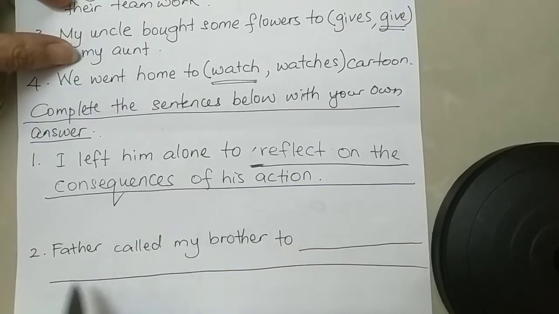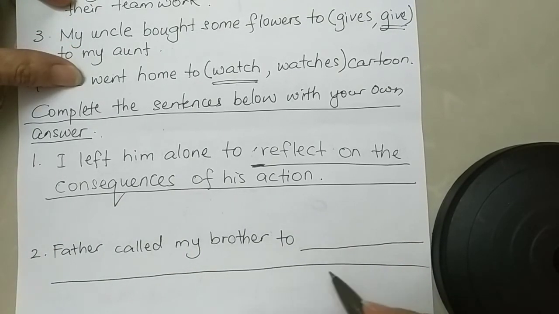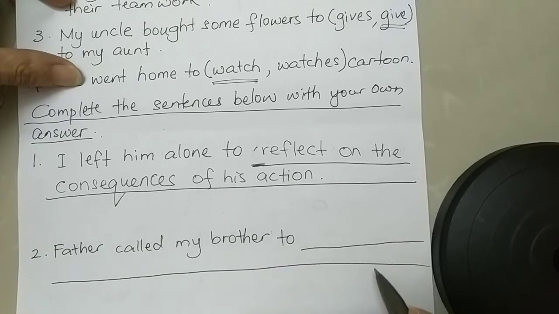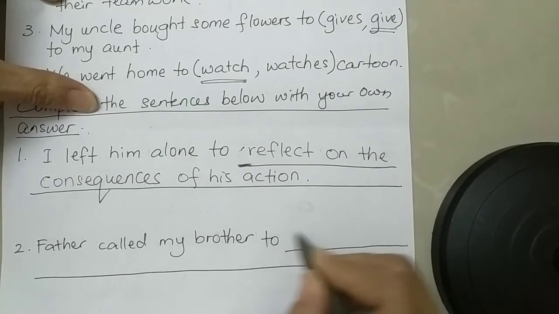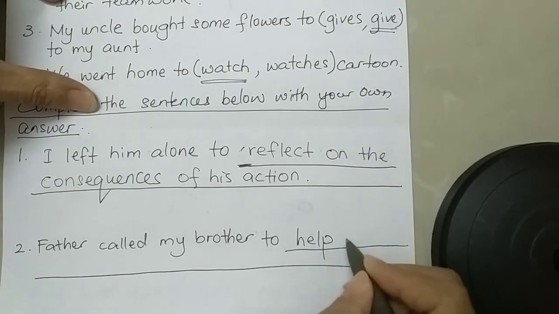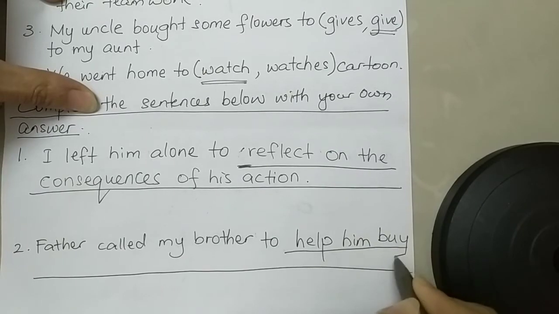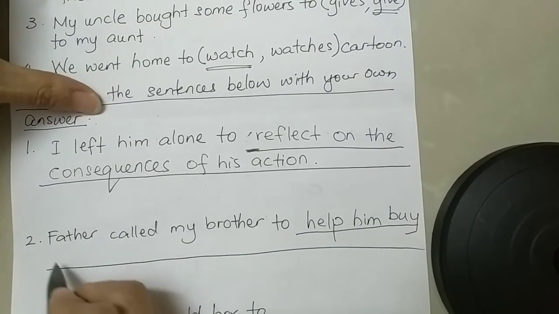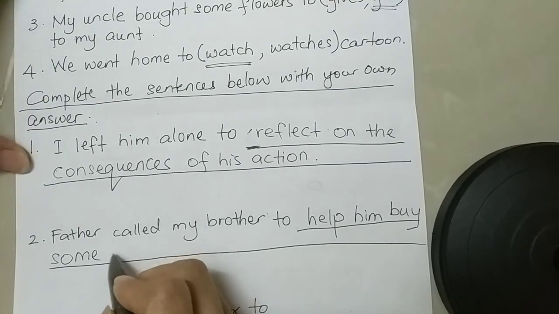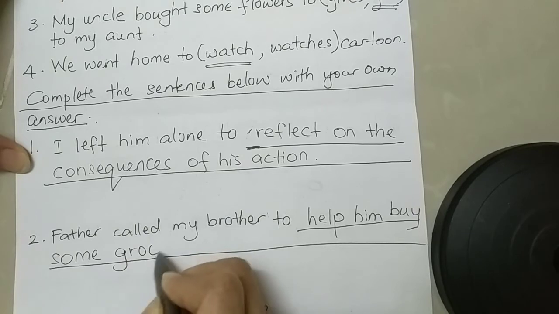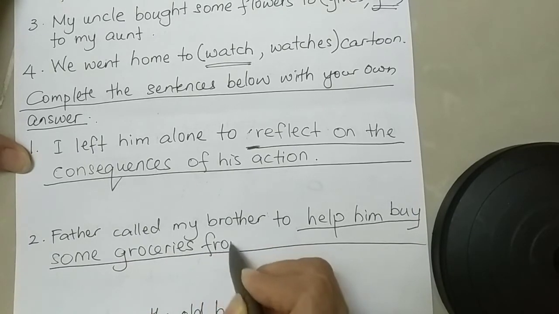Next, 2. Father called my brother to, well, it can be anything. Father called my brother to wash the car. As simple as that. For me, my answer will be something like this: to help him, if you want to make it longer, to help him buy some groceries from the nearby mart.